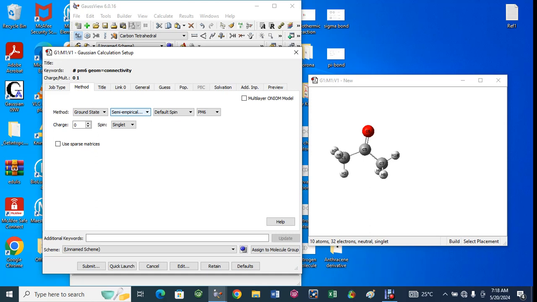The valence electrons are usually considered with the nuclear interaction. Valence electron interaction, that is electrons in the outermost shell and the nucleus, are what are quite important here. So it's semi-empirical because it's an integration of both empirical approximations and a little bit of ab initio.